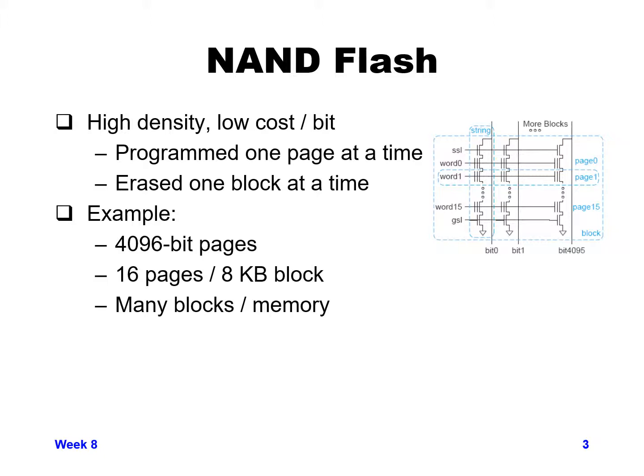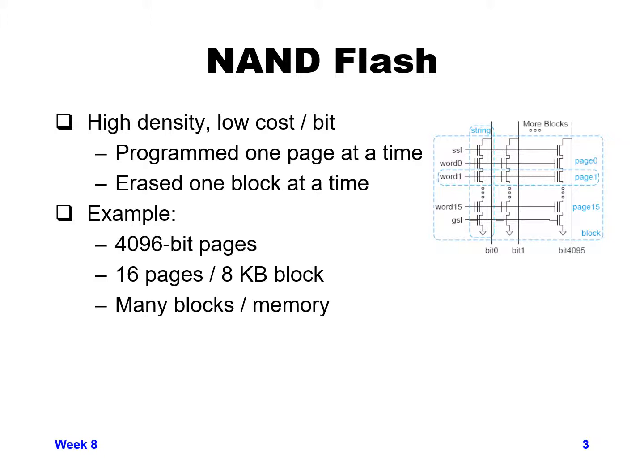The main thing that I'll mention here is that NAND flash is programmed one page at a time. You have a block that's made up of many pages, and the first thing you do is erase the block all at one time, and then you program the pages one at a time after you've erased the block.